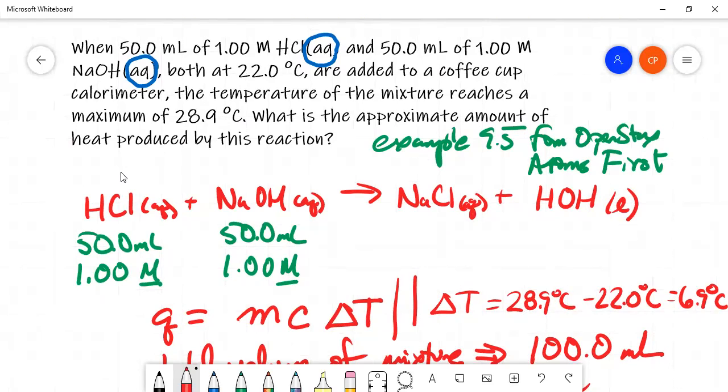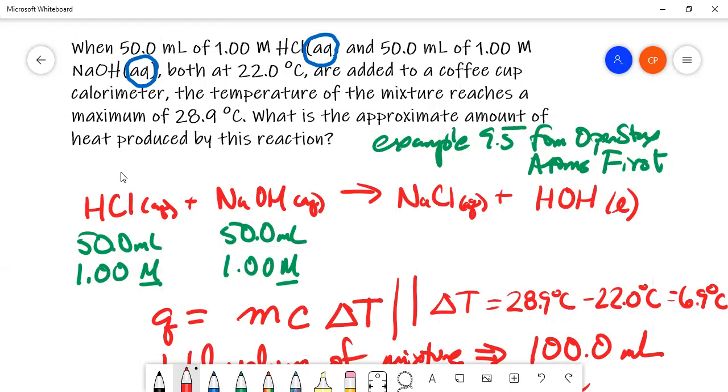It dissolved the hydrochloric acid and sodium hydroxide initially. That's dissolving all of my salt finally. Okay? That's not what this problem is quite asking. It's asking how much heat is produced by the reaction.